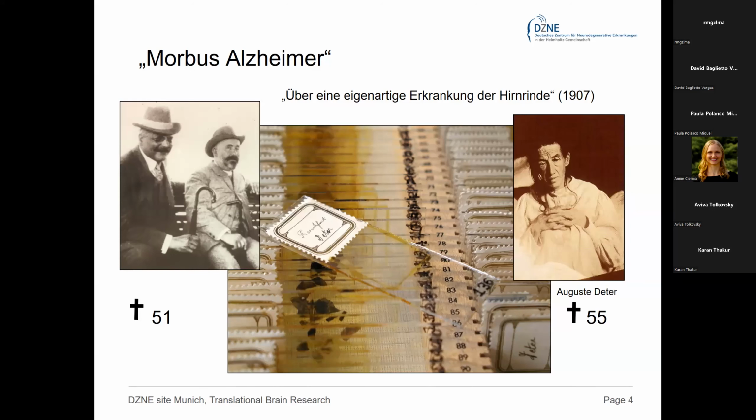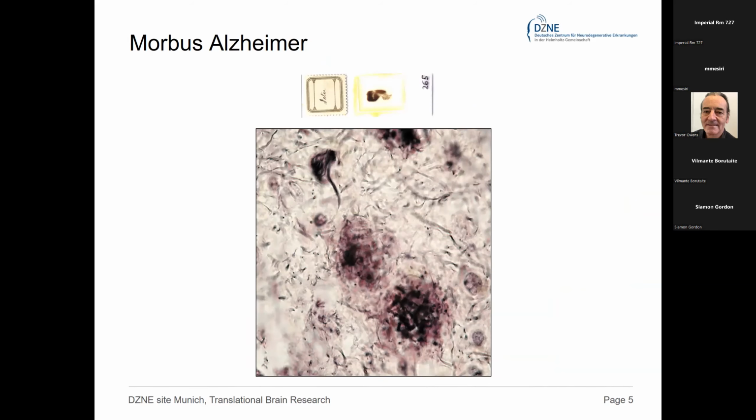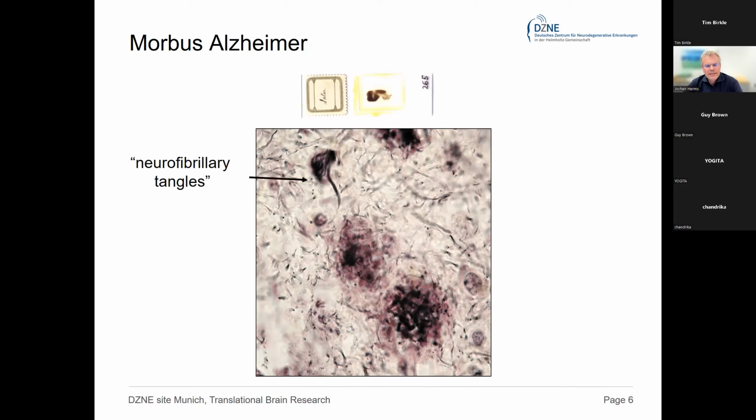If you look at this section from Alzheimer, he played around with silver impregnation. What he mainly observed were these intracellular black things, what we now name neurofibrillary tangles within neuronal somata, and we now know this as the protein tau that is aggregating there.